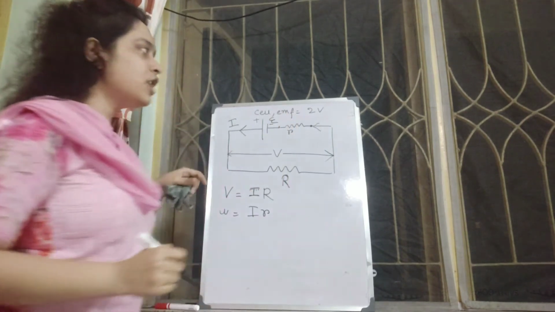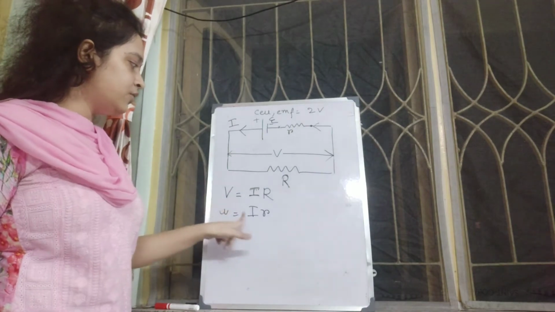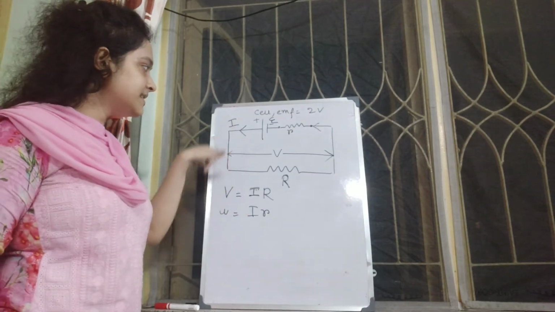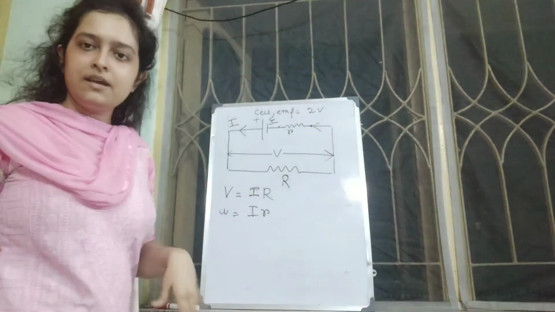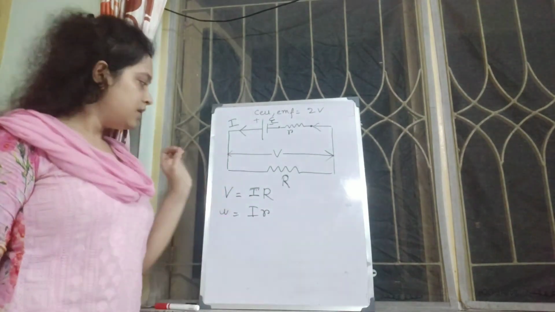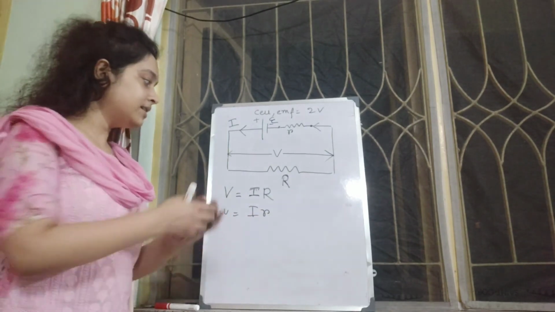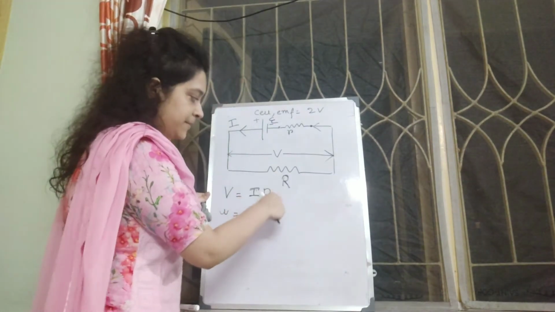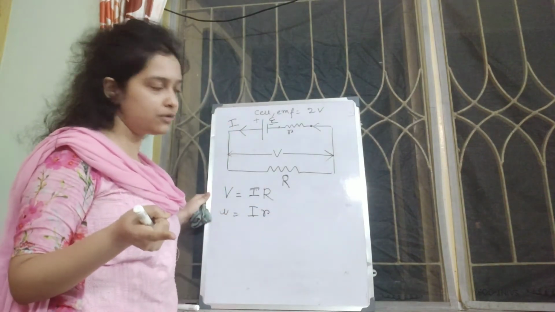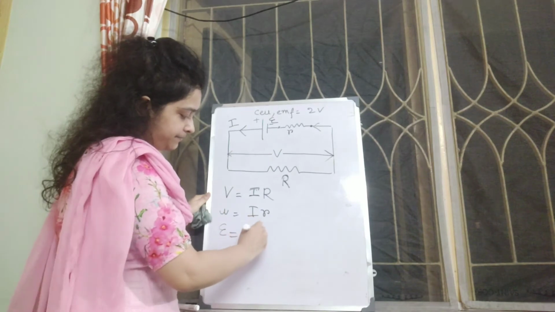The potential drop across the resistance small r: v equal to I into r, because the same current is flowing. How do we find it? Just simply use Ohm's law, nothing else. The form remains the same, but whether you use small r or capital R, that matters.